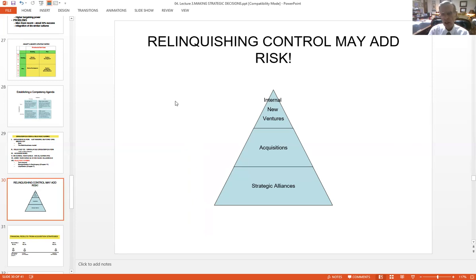In order to have all the right resources and capabilities to enter new markets and new industries successfully, it's usually necessary to combine the capabilities and resources of partners. Not always, but very often.